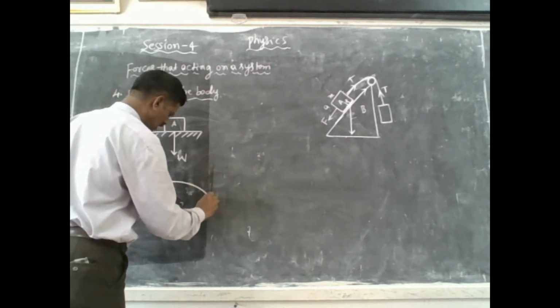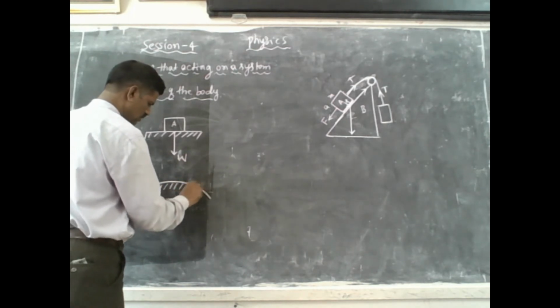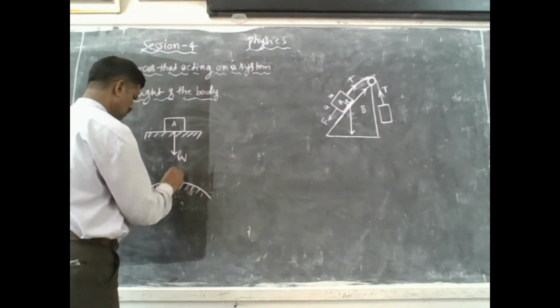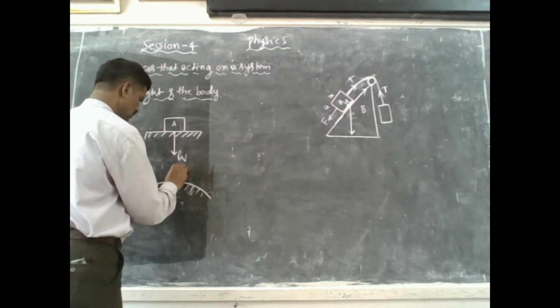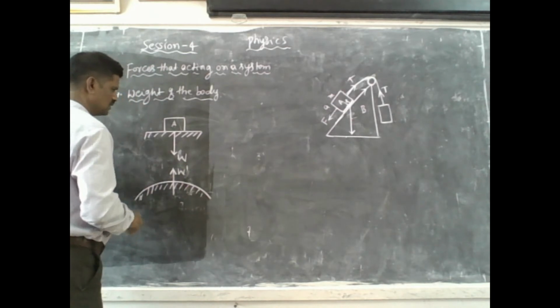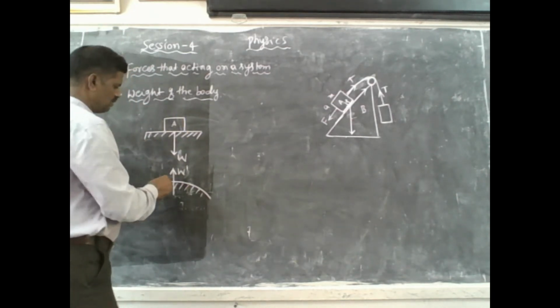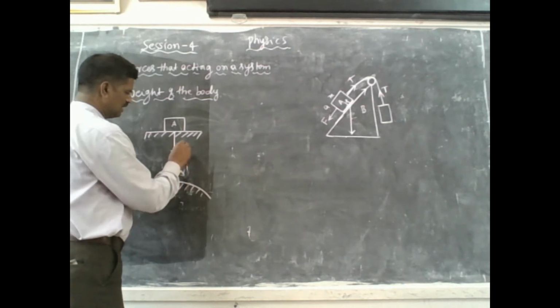Suppose the earth is there. W dash is the normal reaction, so it is action and reaction.